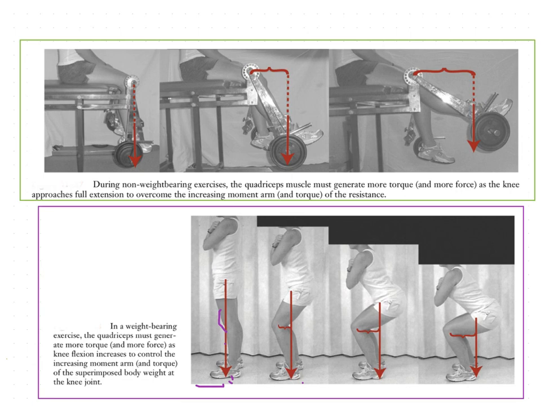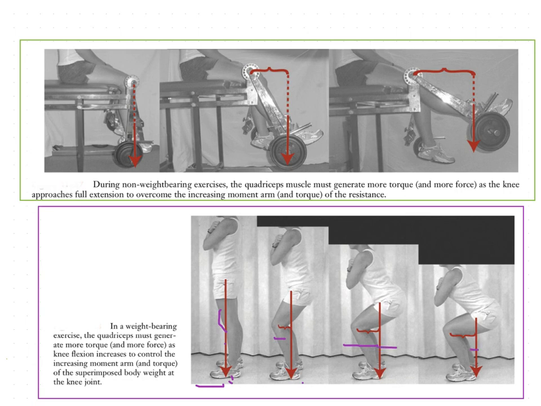Okay. So in weight bearing with the knee somewhat flexed, as during a squat, or when someone cannot fully extend the knee, as in the case of a flexion contracture, the line of gravity will pass posterior to the knee joint.